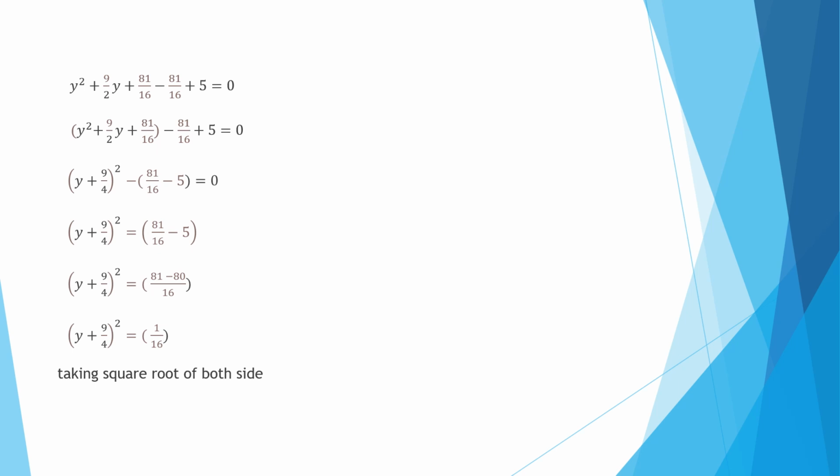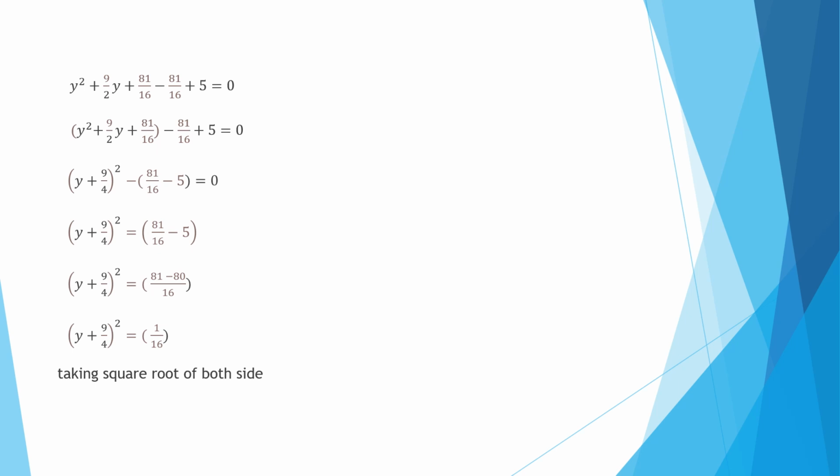So here we write (y plus 9 by 4) square minus, in the second bracket, we take the minus sign outside the bracket and in the bracket 81 by 16 minus 5. This plus 5 becomes minus 5 due to the minus sign, is equal to 0. So (y plus 9 by 4) whole square is equal to 81 by 16 minus 5.